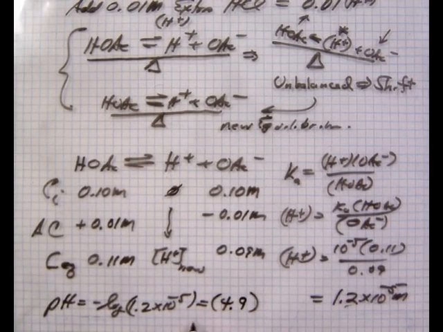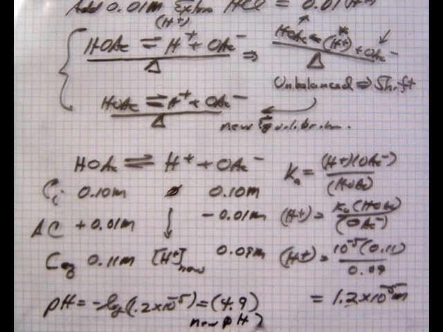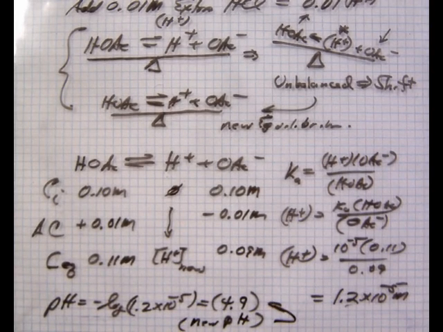Okay, so that's your new pH. We started at pH 5, so it went down 0.1. So it doesn't change much. Don't expect a large change. And so this is the entire process of solving our buffer problems that I have on the exam.